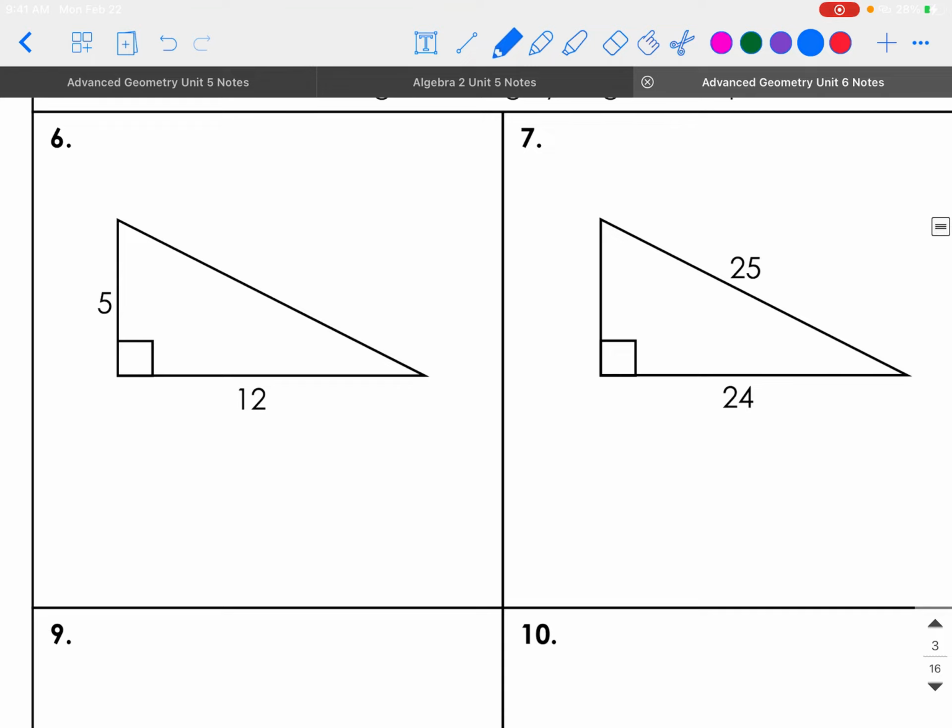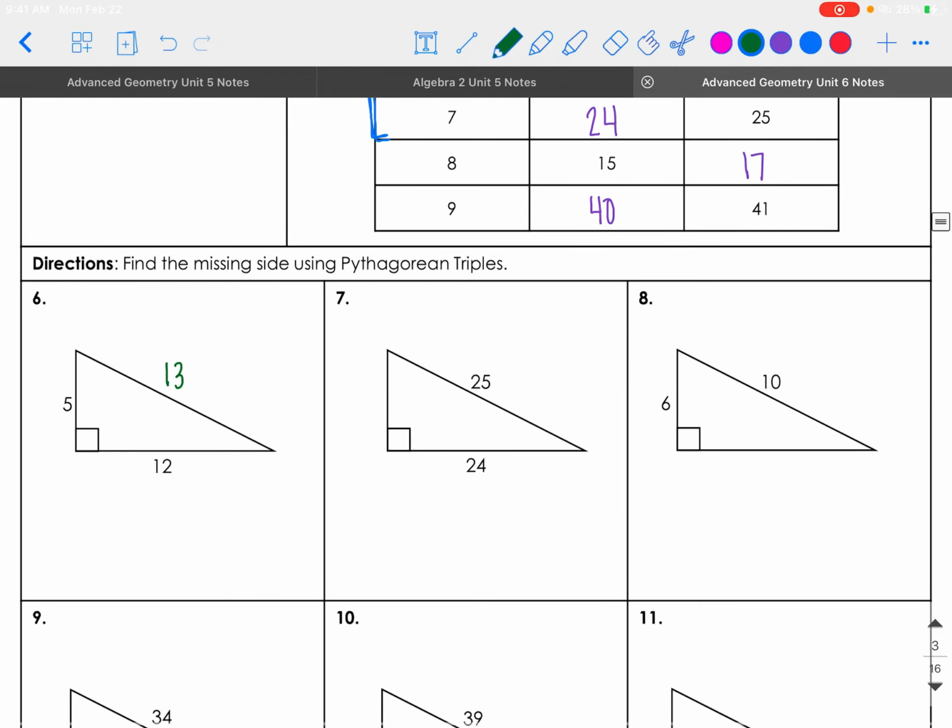Number 6, I see the numbers 5 and 12, and I think, that's a Pythagorean triple, 5, 12, 13. Number 7, I see numbers 24 and 25. The other one probably has to be 7.